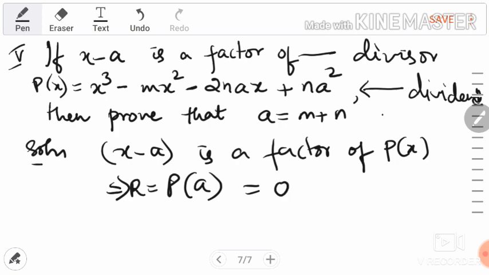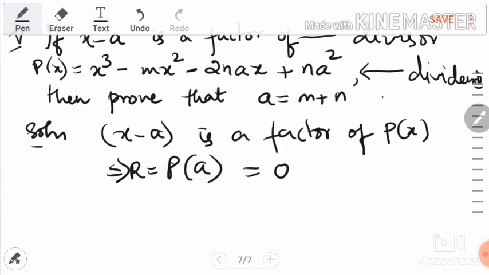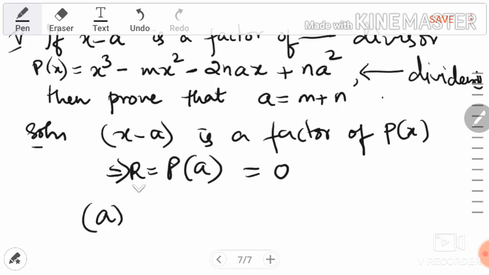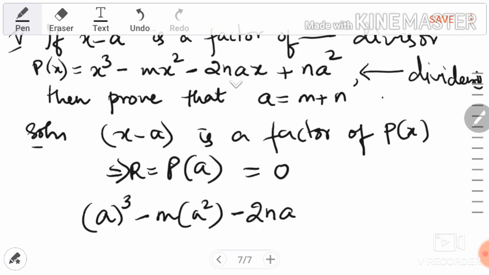That is the remainder. So let's substitute a in the polynomial in place of x. So a cube minus m a square minus 2n a. Now remember, you are only replacing x with a, and there is already another a in the polynomial, so you don't touch that.